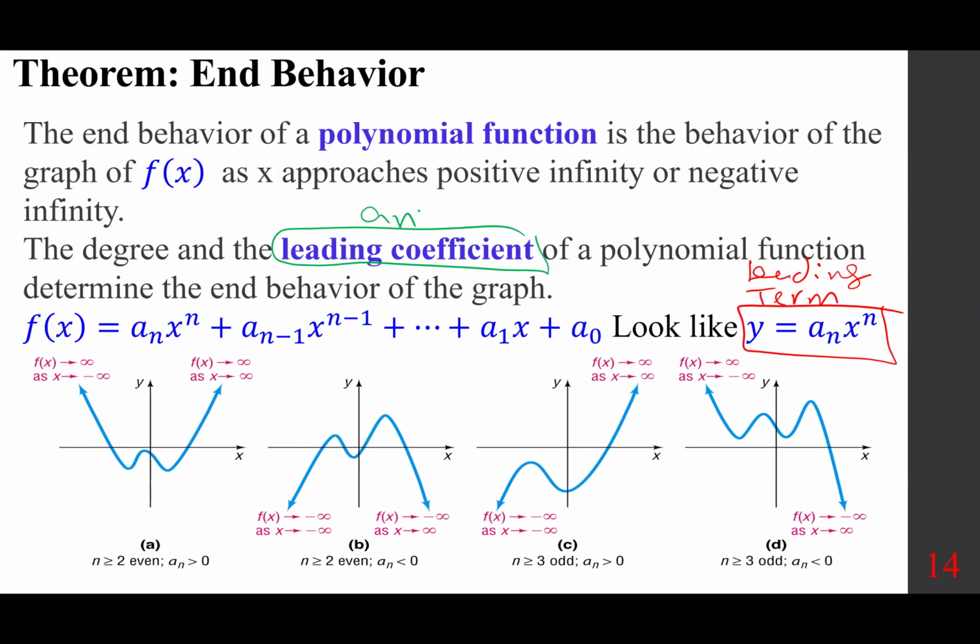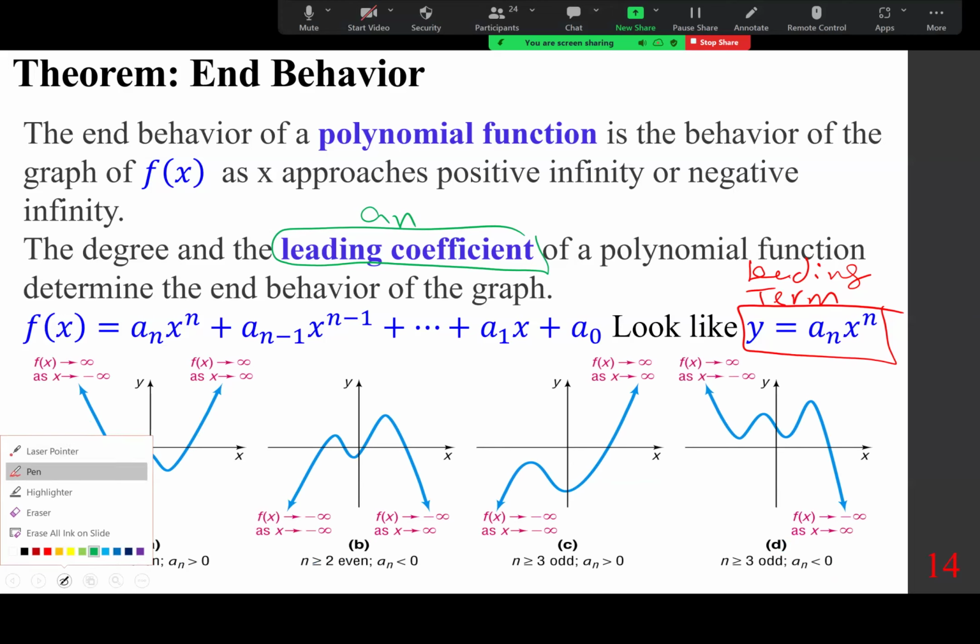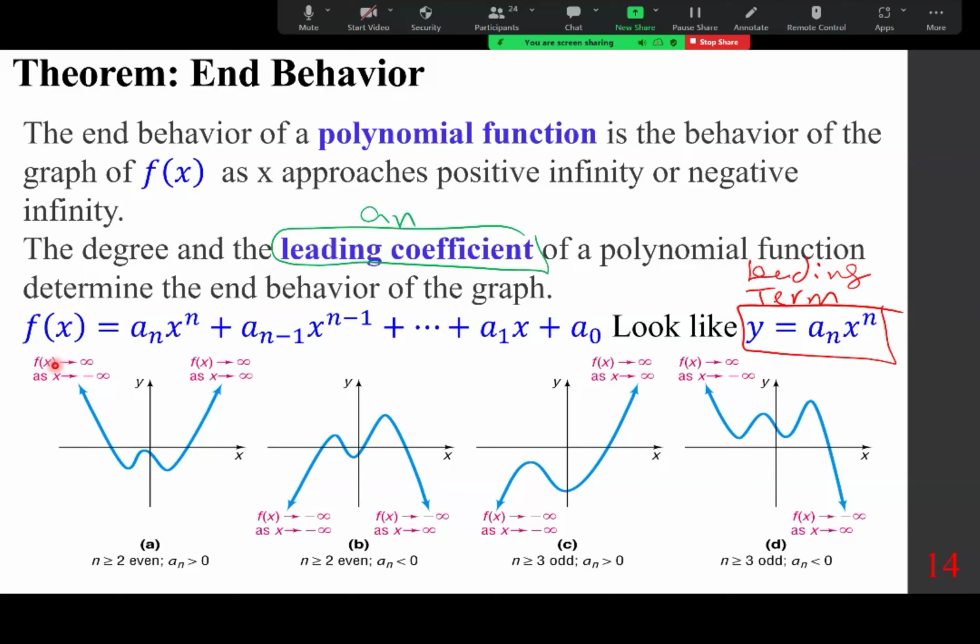Let's look at these graphs. This is the graph for a polynomial that has degree larger than or equal to 2, and it's even. The reason we know it's larger than or equal to is because of the end behavior. F of x goes to infinity as x goes to negative infinity.